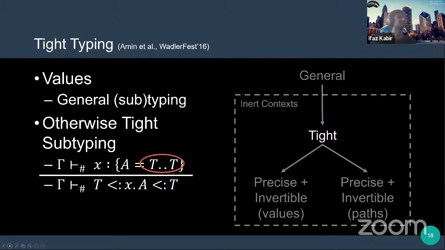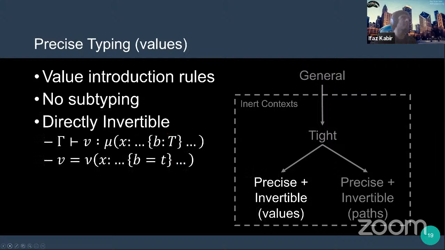Otherwise, it's very similar to general typing. Precise typing for values uses only value introduction rules. There is no subtyping involved, and it's directly invertible. So if a value v has some recursive object type, then that value has to be an object.